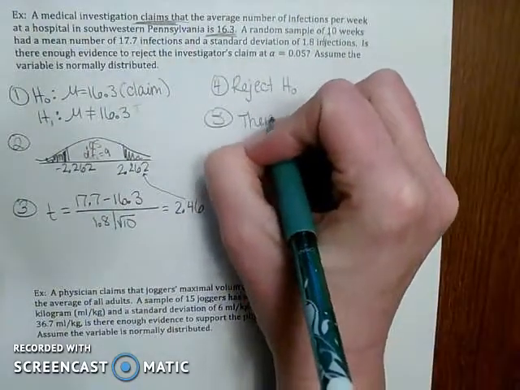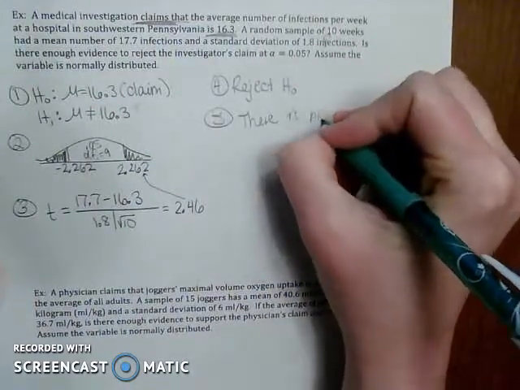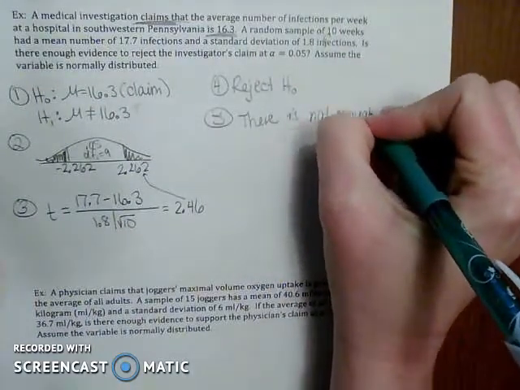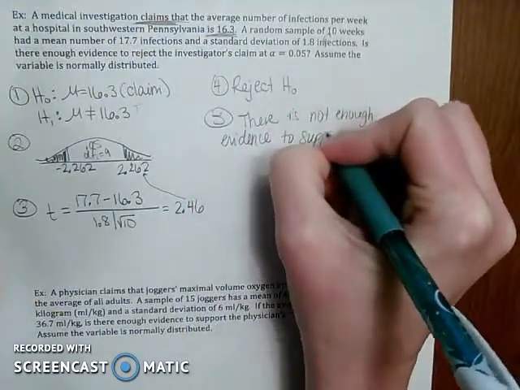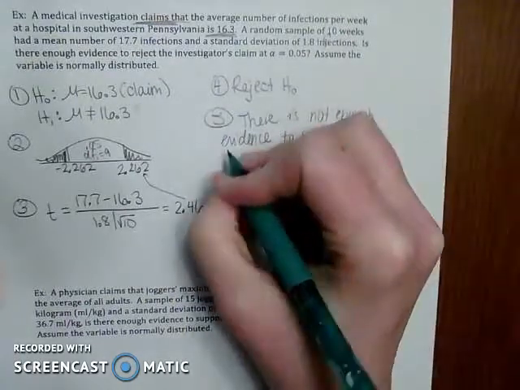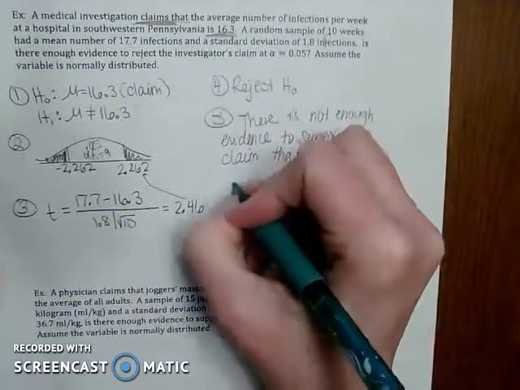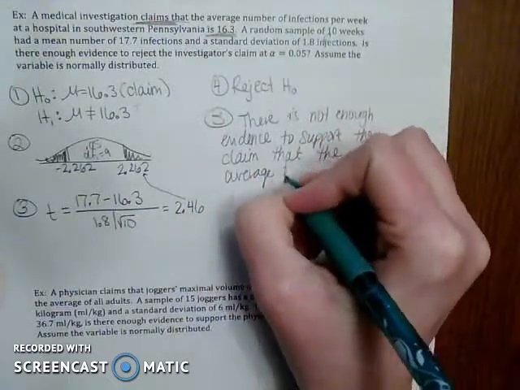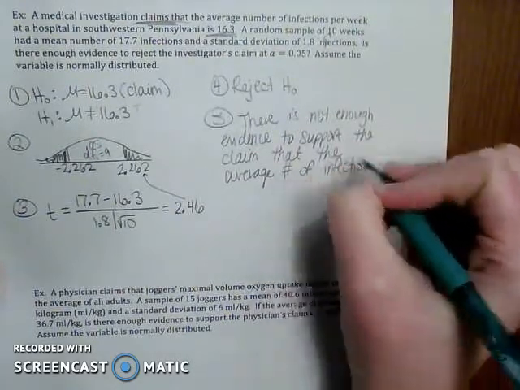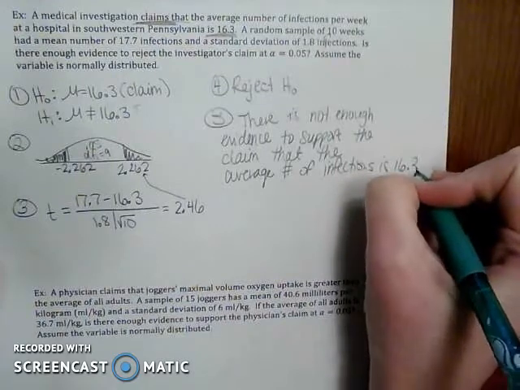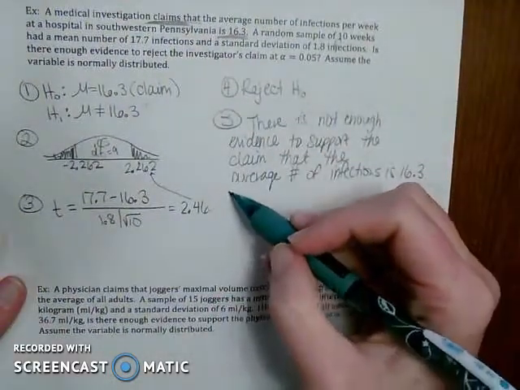So there is not enough evidence to support the claim that the average number of infections is 16.3. Okay, now if you wanted, most people just get in the habit of writing that.